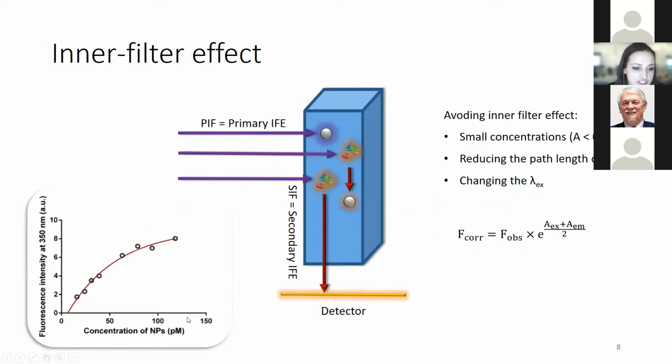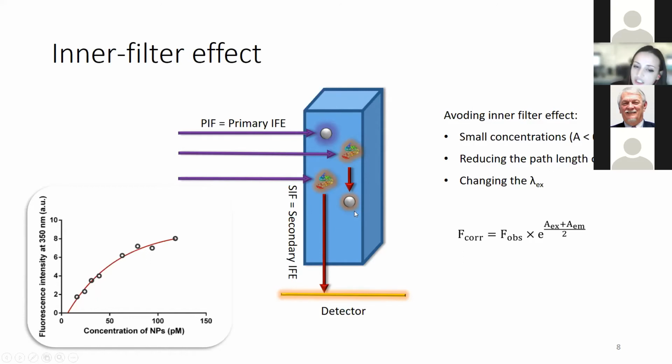What is the problem with this method? The problem is the interference called the inner filter effect. As we all know, nanoparticles absorb energy, and because of this energy absorption, they can cause this effect. If nanoparticles are absorbing the excitation light, then you have the primary inner filter effect. And if they are absorbing the emitted light, you have the secondary inner filter effect.